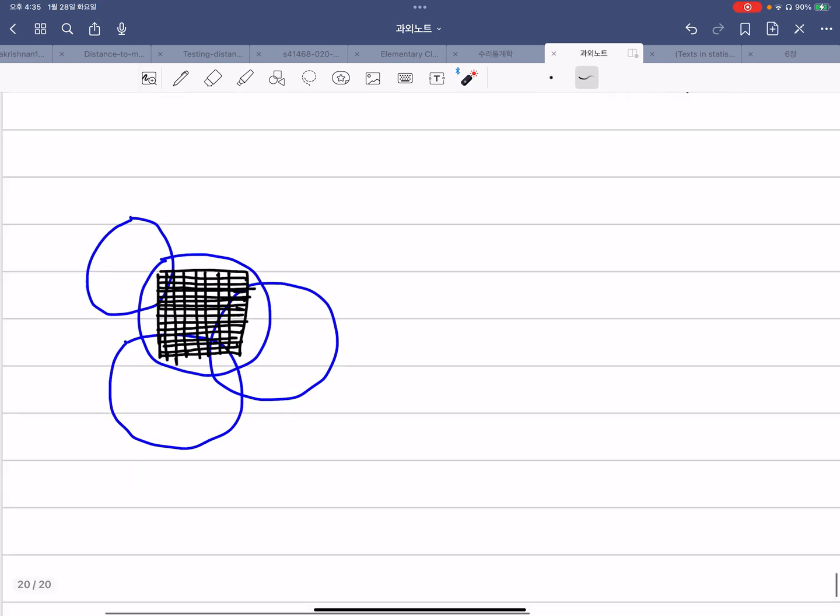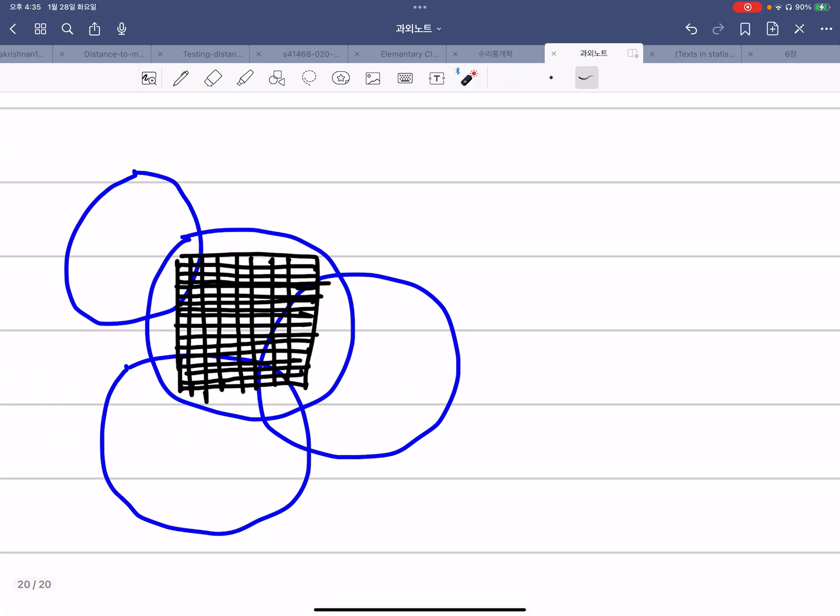Okay. Even if we subdivide the box many times, this is finitely many times. Thus, we can choose a finite subcollection from the original open cover.